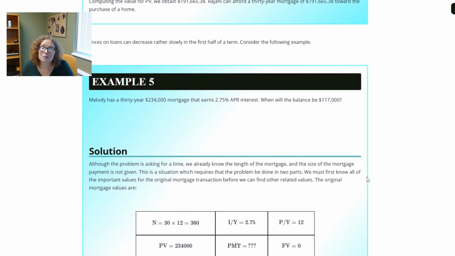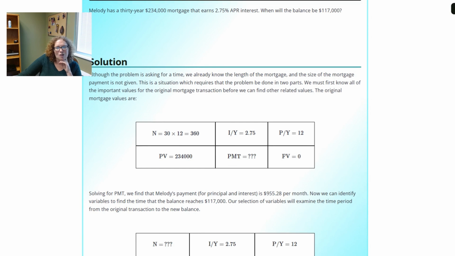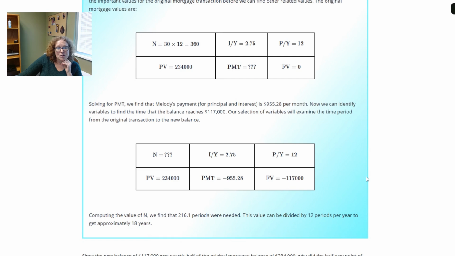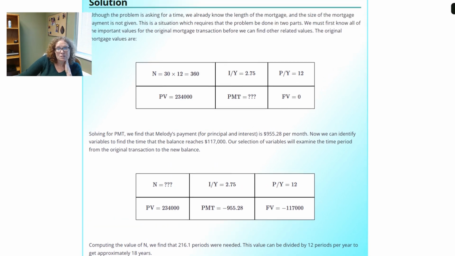We do want to make sure that we take into consideration that loan balances decrease really slowly at first and then they get higher. A lot of that could be because you're paying more on the interest at the beginning than you are as you get further along. So in this case, we are looking at all of this information that is given to us.